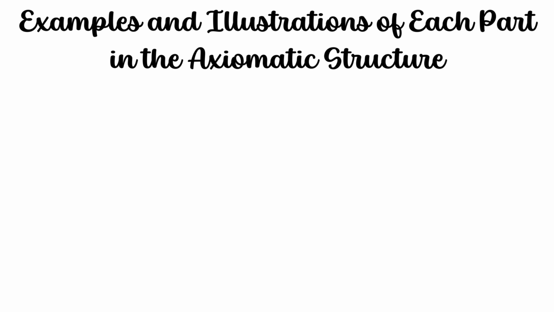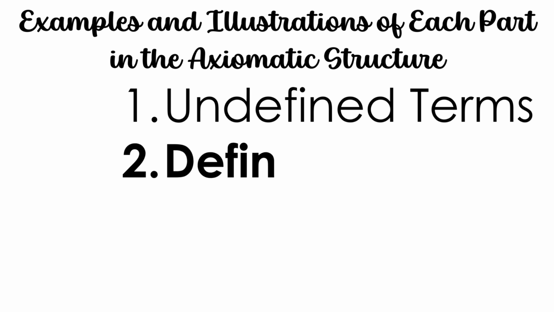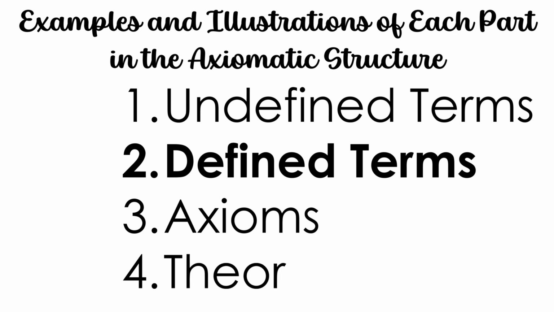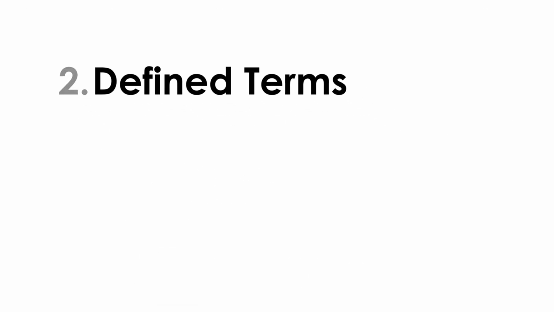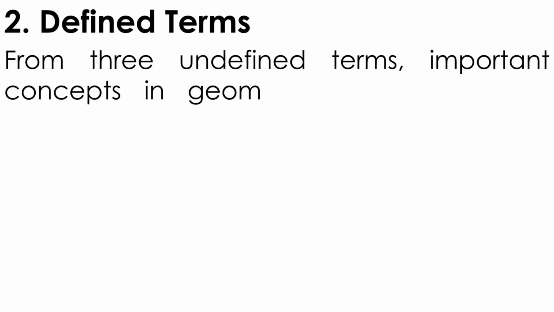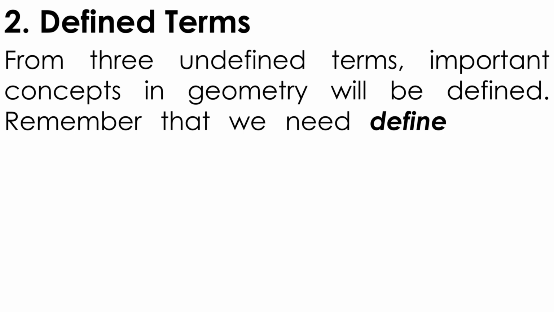Now, let us proceed to the second part of the axiomatic structure, which is the defined terms. Now, let us discuss defined terms. From three undefined terms, important concepts in geometry will be defined.